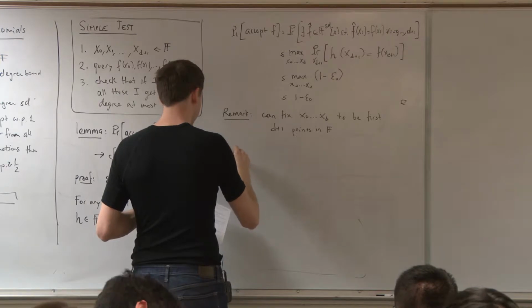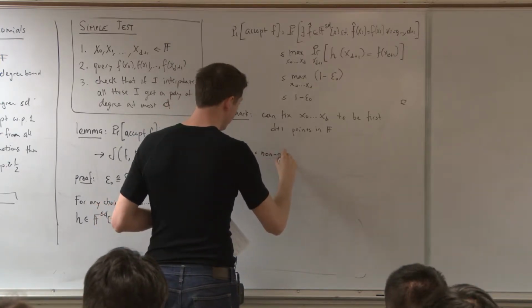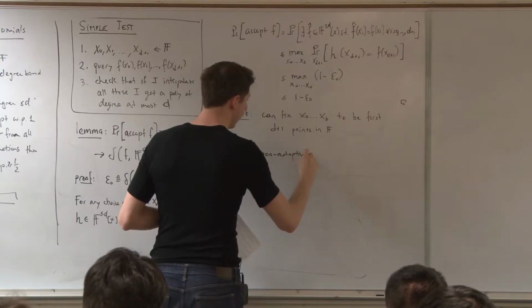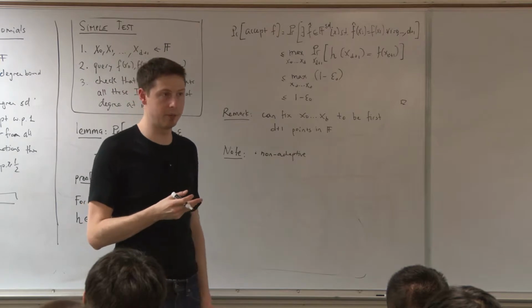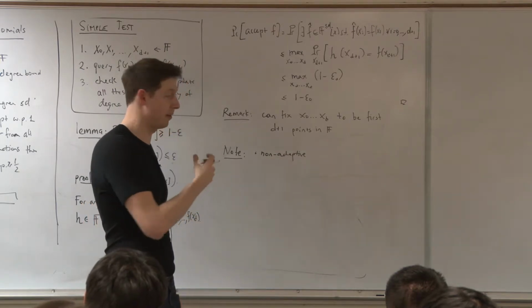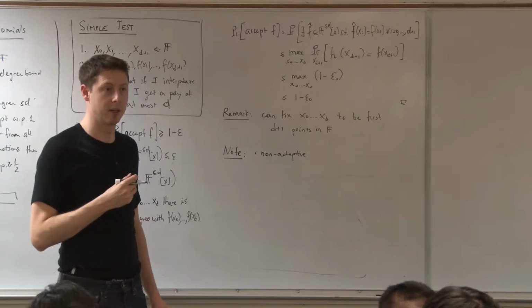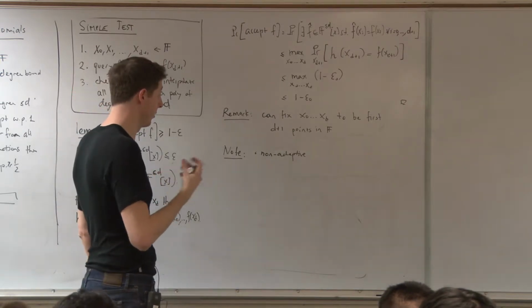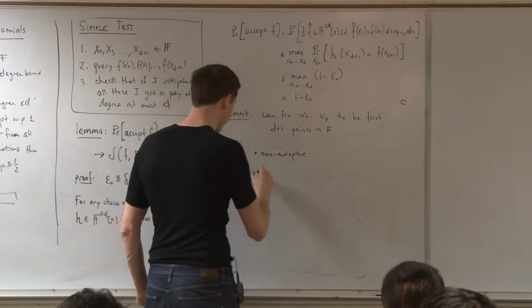So, note a couple of things. Like in linearity testing, it is non-adaptive. We'll see that most natural things that we think about are indeed non-adaptive. By non-adaptive I mean that you can ask all your queries together; you don't wait to hear back answers from the function to decide what to ask next.